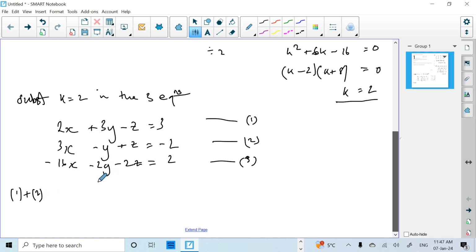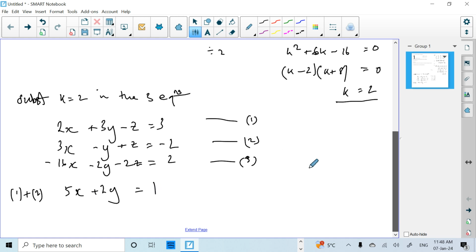So add 1 to 2, I'm going to eliminate z. 2x plus 3x gives me 5x, and 3y plus minus y gives me plus 2y, the z's are eliminated, and 3 plus minus 2 gives me 1. So 5x plus 2y is equal to 1.